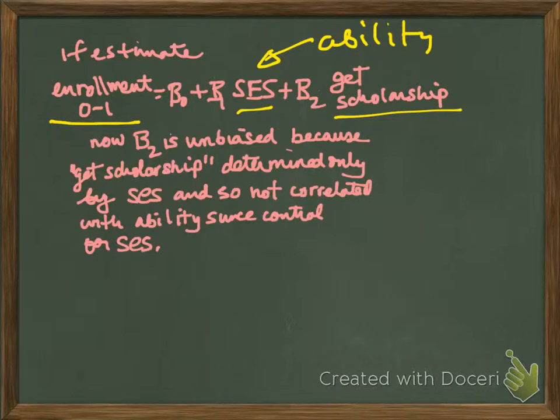But whether you get the scholarship or not, the coefficient on that variable will now no longer be correlated with ability, because it's being determined entirely by the SES function, deterministic. So now we can recover a good estimate of beta 2, of the effect of getting the scholarship on enrollment. So that's one way that regression discontinuity design enables us to estimate causal effect.